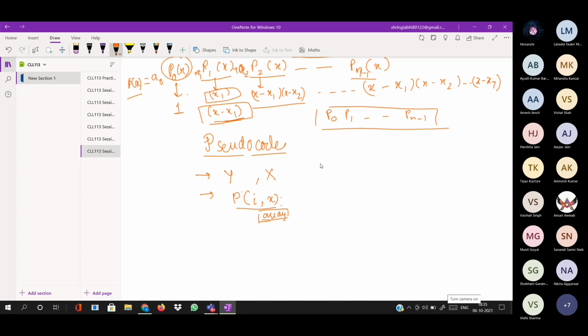So what we want firstly, x, y, we have. What we want next, we want p0, p1, p2, and so on. So you apply a loop and you find x minus x1 times x minus x2 and so on.